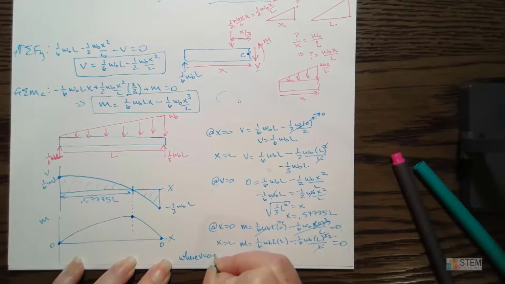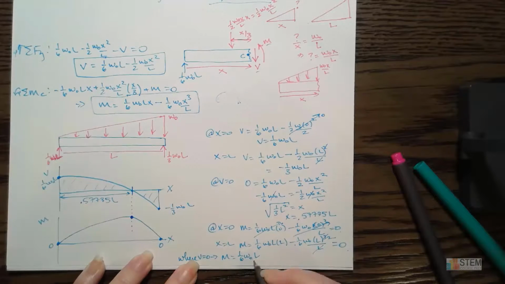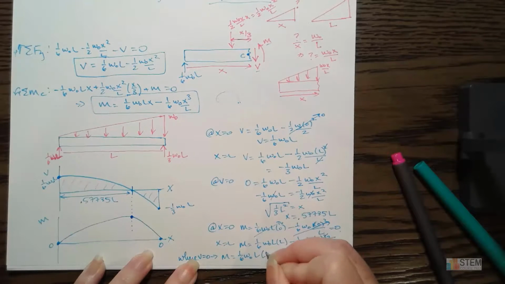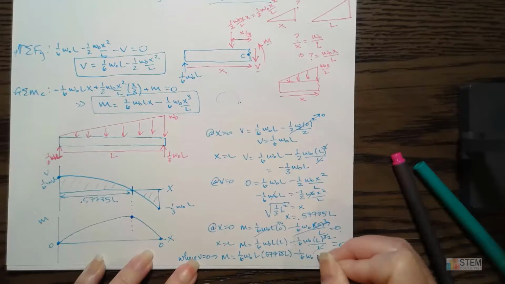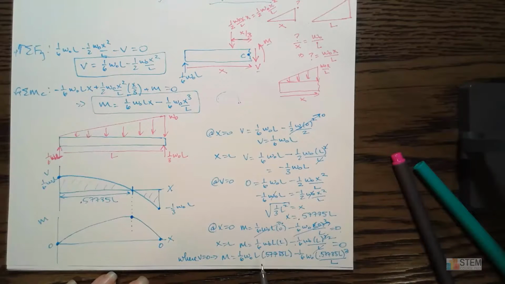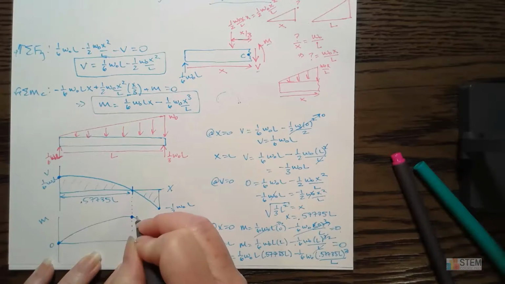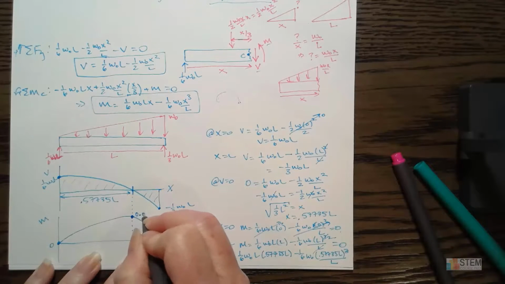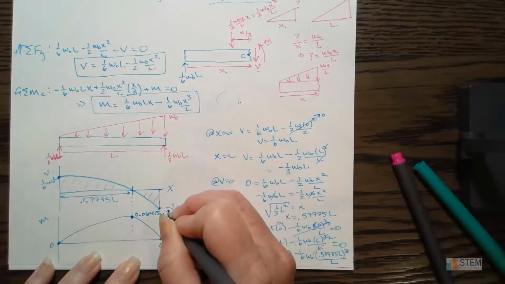So where v equals 0, m then is going to be 1/6 W naught L times that 0.57735 L minus the 1/6 W naught 0.57735 L. You got to cube that, divide by L. All right, and then what you get from that, if you work all that out, I'm just going to go with what the book has here since I'm out of room here. But what you'll get is 0.06415 W naught L squared.